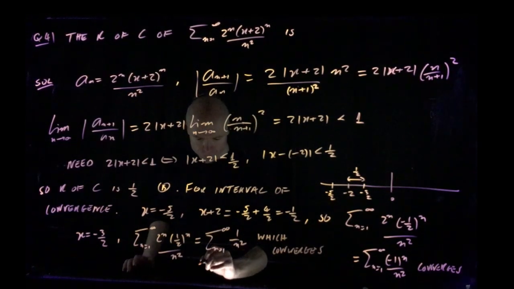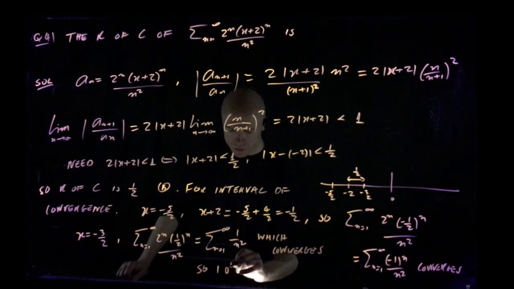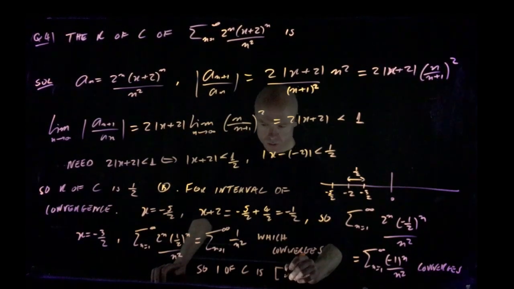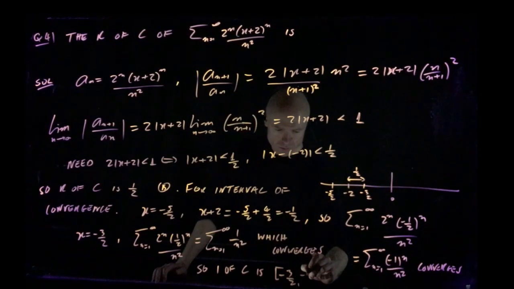So the interval of convergence includes both of those endpoints. It's minus 3 over 2 to minus 5 over 2.